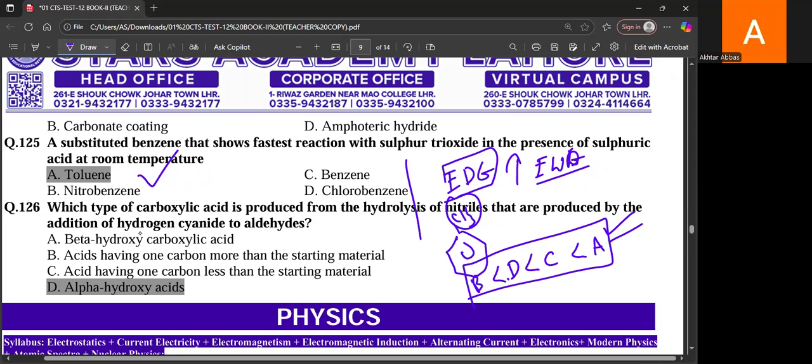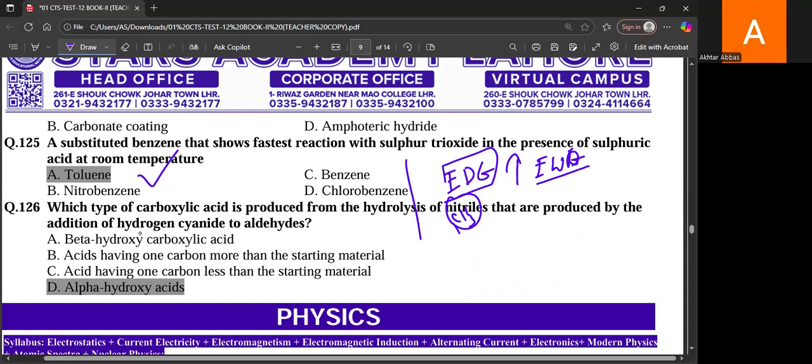Last question is, which type of carboxylic acid is produced by the hydrolysis of the nitrile that is produced by the addition of hydrogen cyanide to an aldehyde? It means alpha hydroxy acids. What are alpha hydroxy acids?